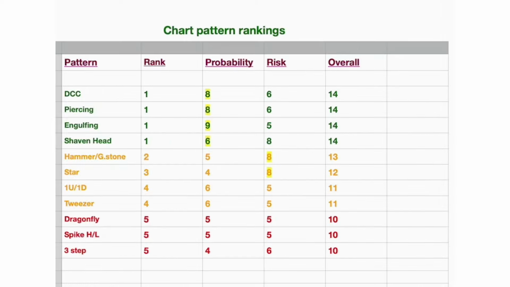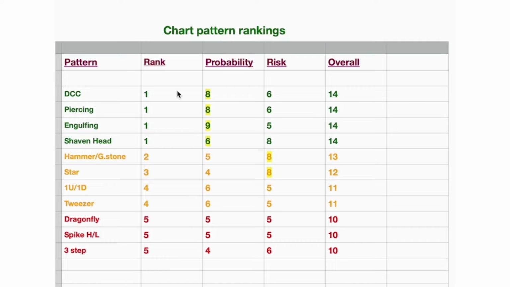So a very simple way of ranking these is, as I alluded to before, we can compare the probability of winning and the risk of entering the trade in terms of the number of pips you need to risk, and then give them an overall ranking. Pretty simple, really.